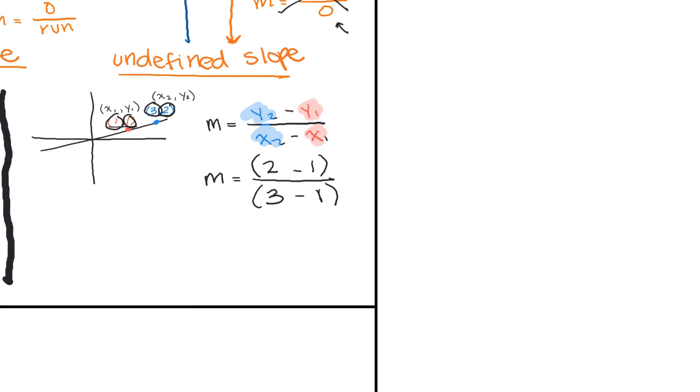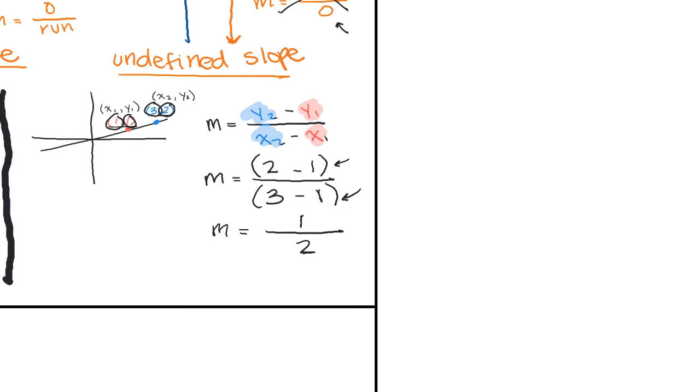So what we've really got is 2 minus 1 in parentheses divided by 3 minus 1 in parentheses. So I'm going to solve those separately. So we'll start with this parentheses up top in the numerator. 2 minus 1 is equal to 1. Then we'll go on to the denominator. 3 minus 1 is equal to 2.